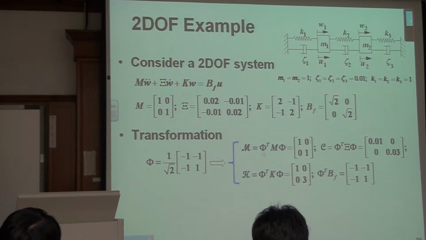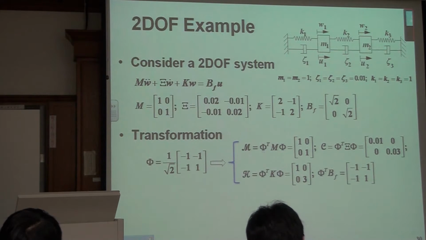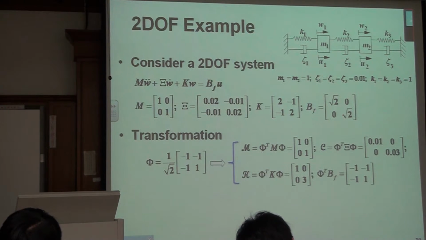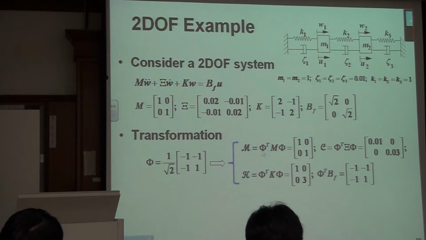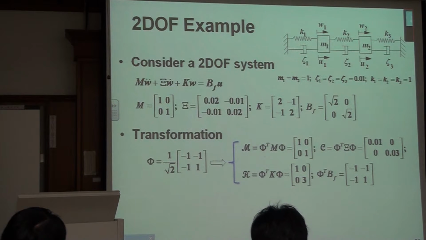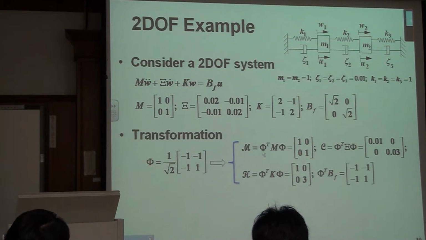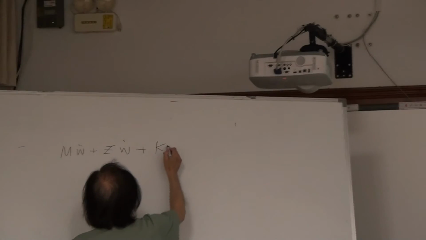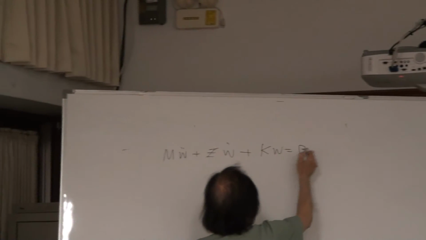It's supposed to be phi inverse, but I use phi transpose here, and I need to give you some explanation. If you look carefully at the system here, I have M w double dot plus zeta w dot plus K w equal to B u.